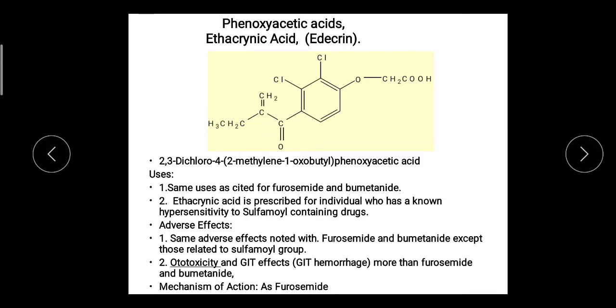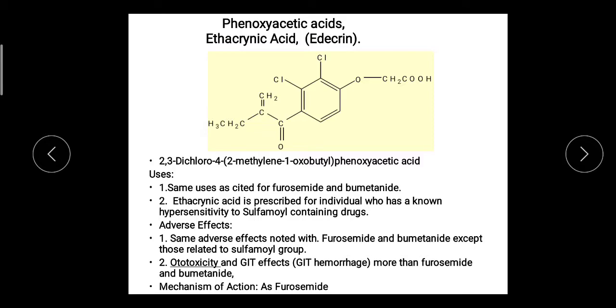One thing is that ethacrynic acid is prescribed for individuals who have known hypersensitivity to sulfamyl-containing drugs. Furosemide and bumetanide contain the sulfamyl group, SO2NH2. So in a patient having allergy or hypersensitivity to the sulfamyl group, ethacrynic acid is prescribed instead of furosemide, because instead of the sulfamyl group the acryloyl group is present, and because of that the allergic reaction is avoided.